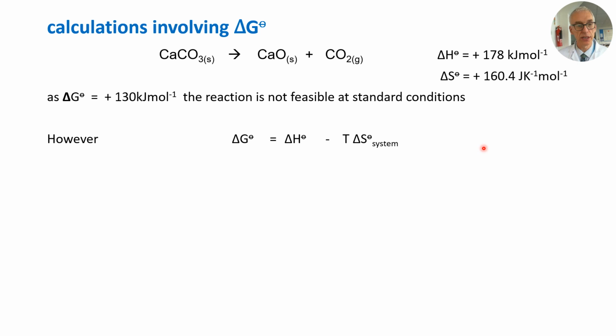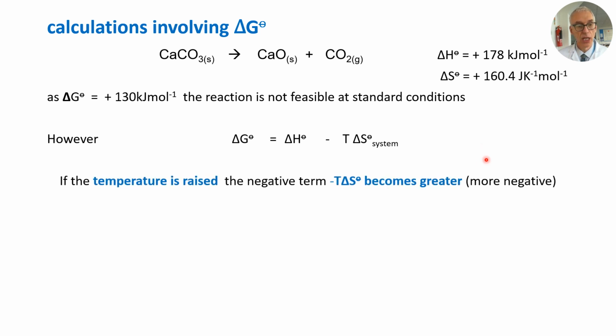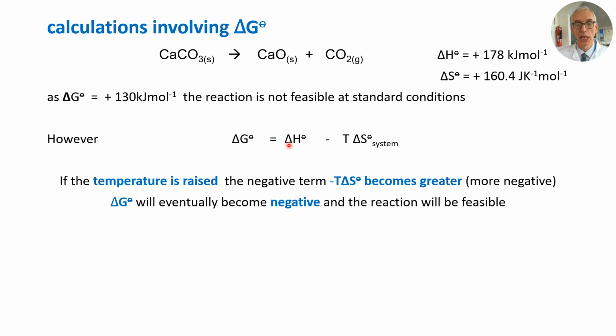So if we look at the equation delta G equals delta H minus T delta S, we know that as the temperature is raised, this term, minus T delta S, will become greater. It will become more negative till eventually it becomes greater in magnitude than delta H, and delta G will become negative and the reaction will be feasible. There will be a temperature at which delta G becomes negative.